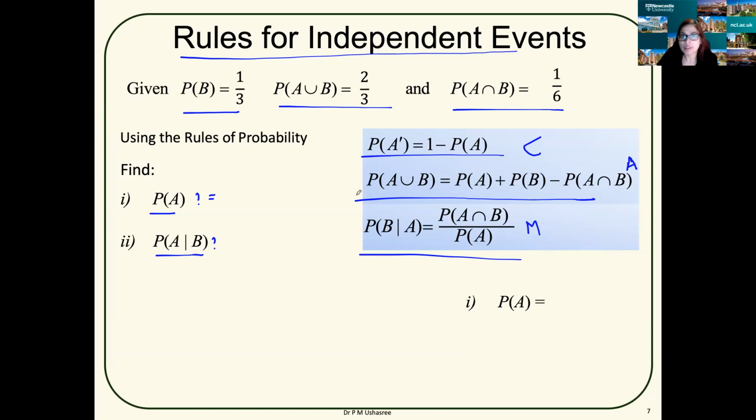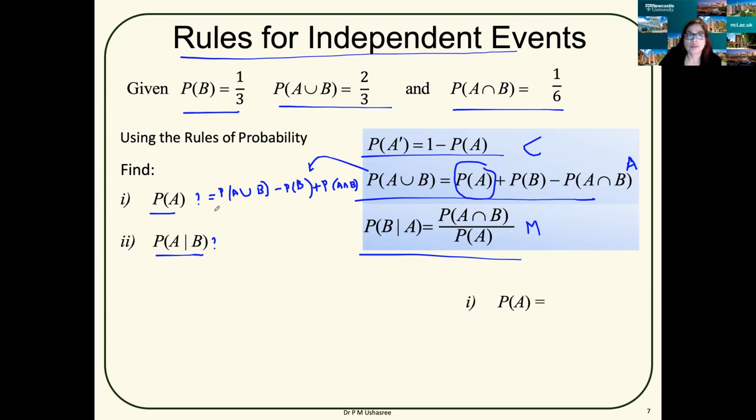So you have P of A union B minus P of B plus P of A intersection B. I'm just rearranging the addition rule to get P of A.